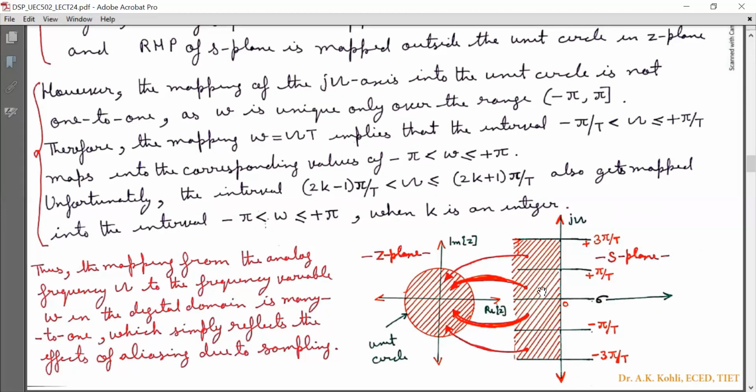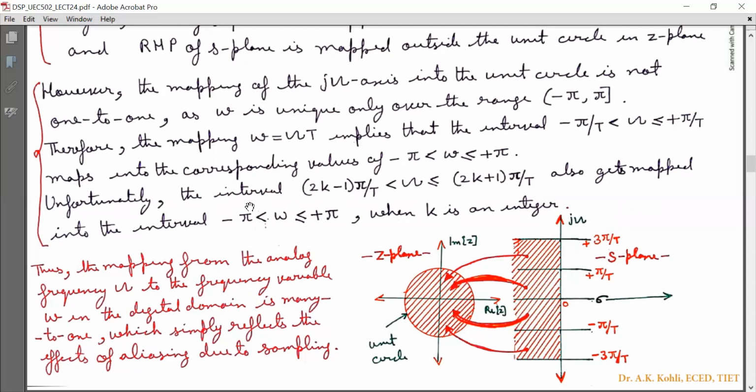Unfortunately, look at this. This is the S plane. These frequencies, that is in the range from minus pi by T to pi by T, are going to be mapped inside the unit circle, like as shown here in this range. But we are doing sampling. So what is happening?